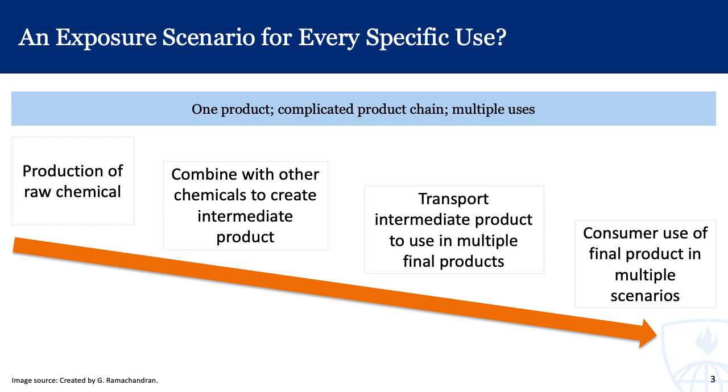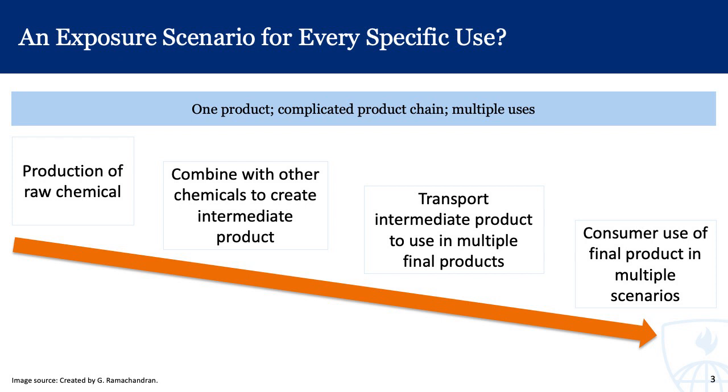So we can imagine in this slide that there are the raw ingredients that go into making a particular chemical, and then the chemicals get mixed with other chemicals to make a particular product. And in this initial part of the process, the main exposures are in occupational settings. Once the product has been created, it moves through the commercial chain, and in that process, intermediate professionals get exposed to these chemicals.